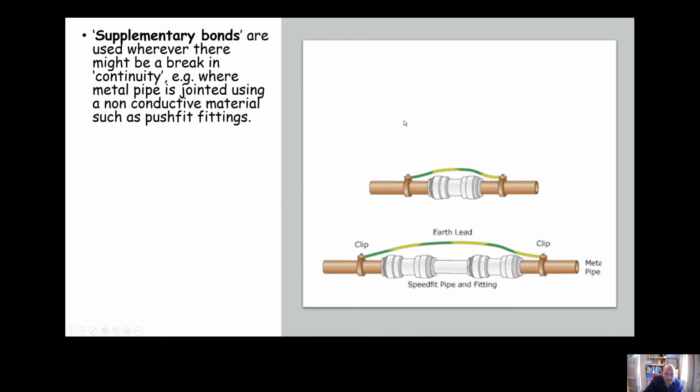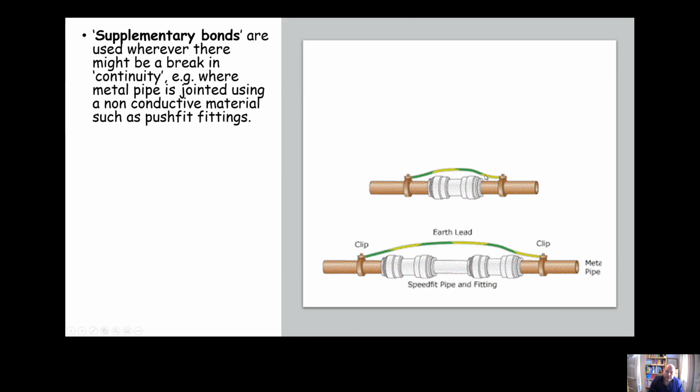Supplementary bonds. Supplementary bonds would be used wherever there's likely to be a break in what we call continuity. If, for example, you had metal pipework connected with plastic fittings, you'd use supplementary bonding over the fitting.